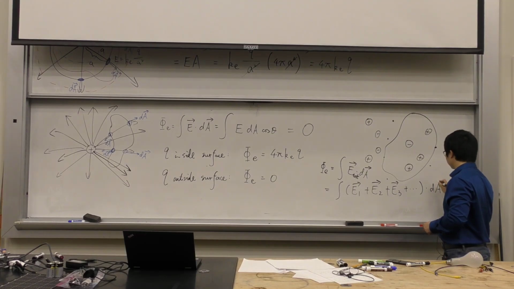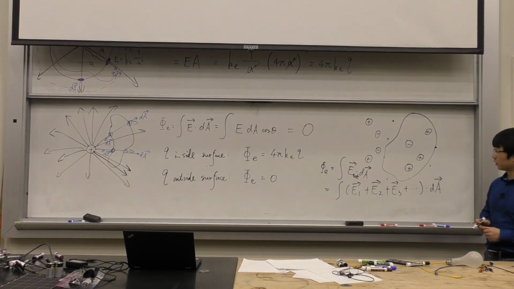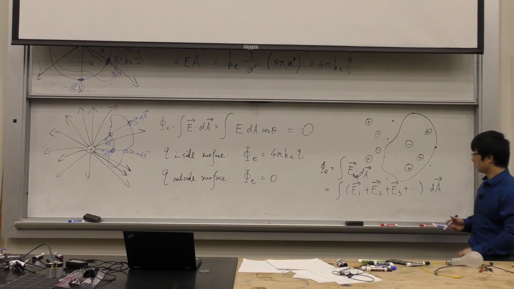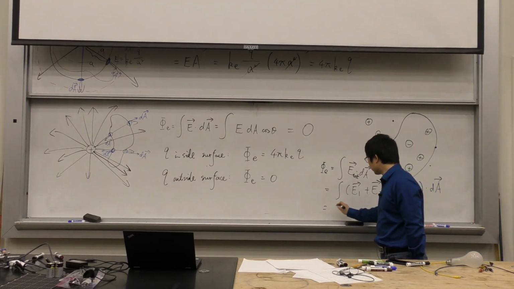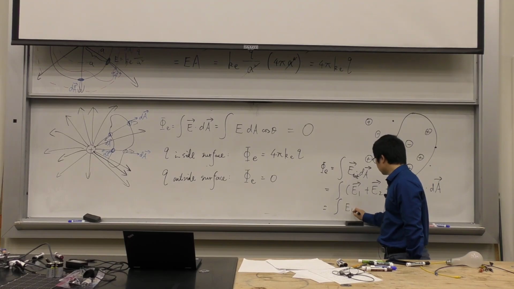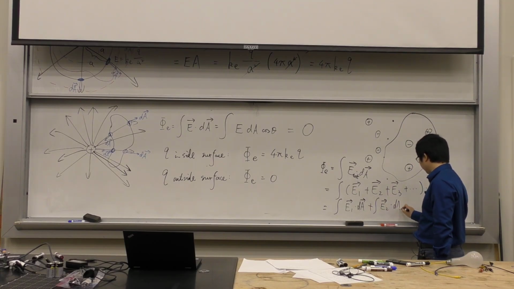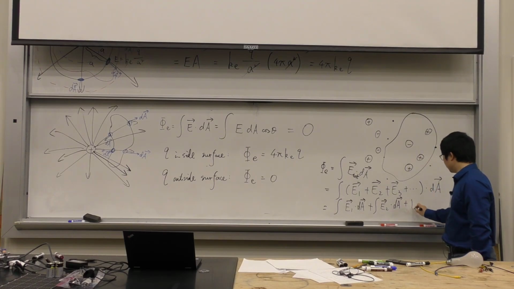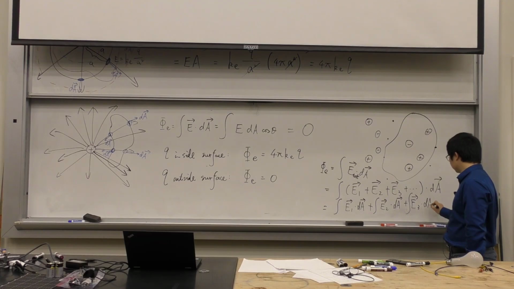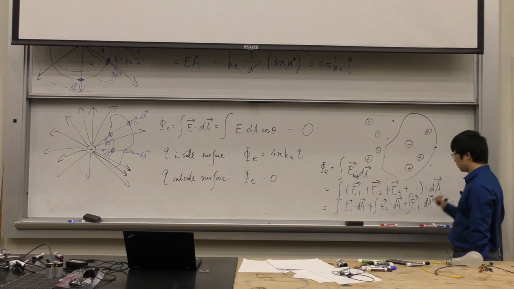Dot dA, right? So that's what I would do mathematically. Now I can distribute it, right? When I distribute it, I will get this. E1 dot dA, that's the first term. E2 dot dA, that's the second term. E3 dot dA, okay, dot, dot, dot.